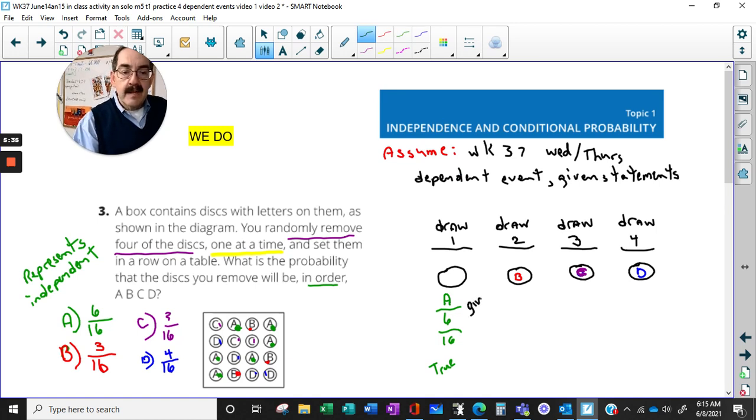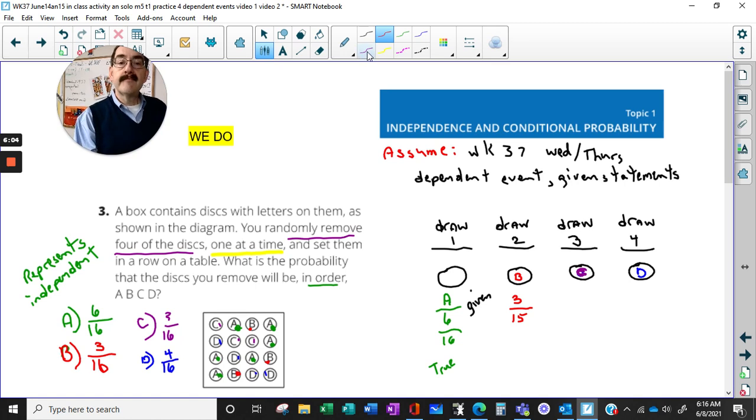Given we drew an A, what's the probability of a B? Okay? So, we got dependent, given. Given an A is gone. B. B was 3 out of 16. We still have 3 of them, but we only have 15 total.